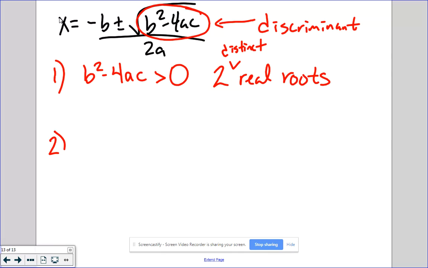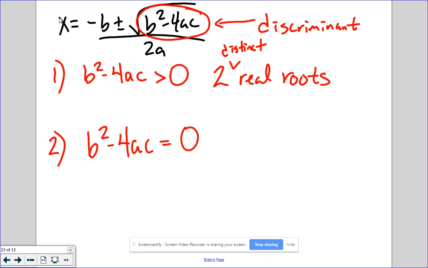The second case: what happens if my discriminant equals 0? Well, what's the square root of 0? 0. And then if I add or subtract 0, what am I going to get? If I take negative b plus 0, I get negative b.